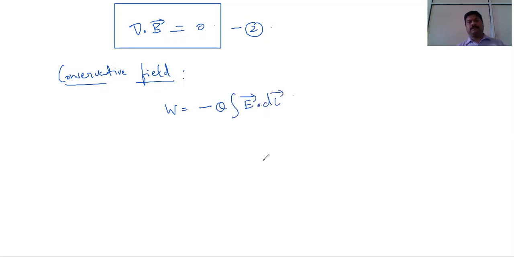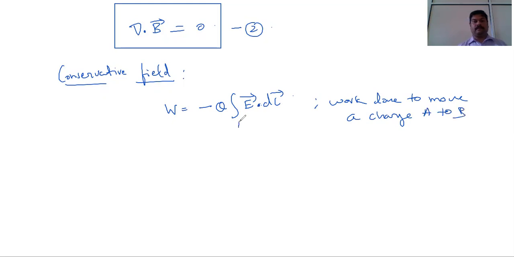This was the work done to move a charge, let us say from point A to point B. Now suppose this is my point A. Start from here, traverse a distance like this circularly, and I come back to the same point A.